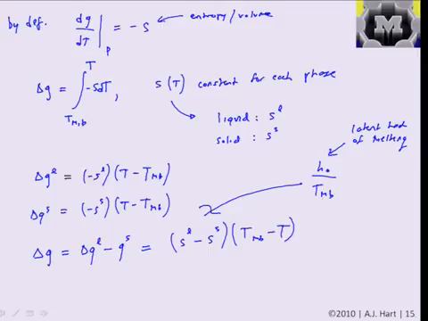So we can relate this change in entropy per unit volume for the phase transition to, at our level, what we can look up as a bulk property of the solid and its bulk melting point.